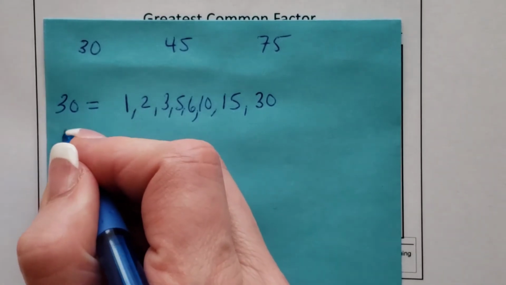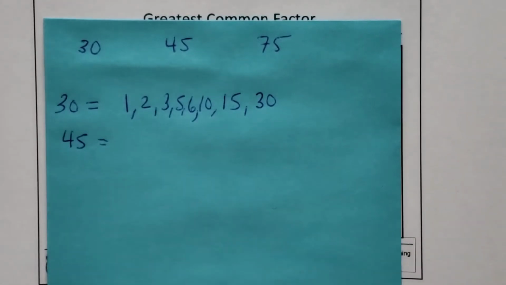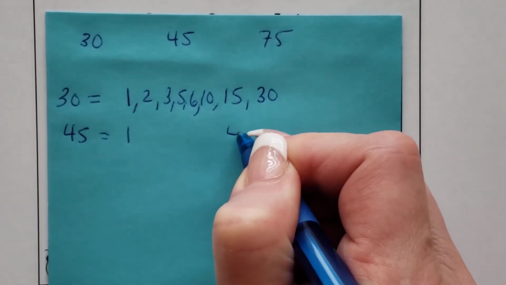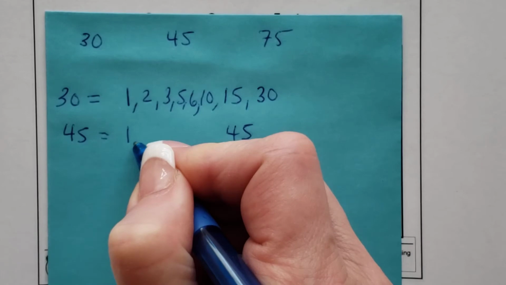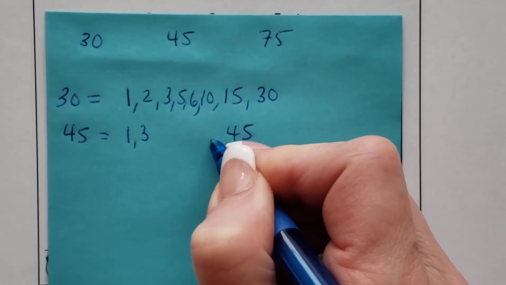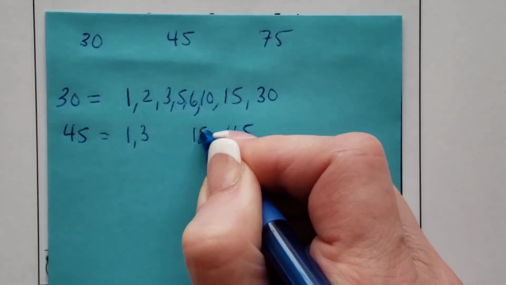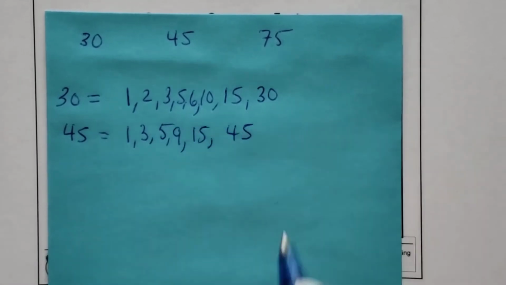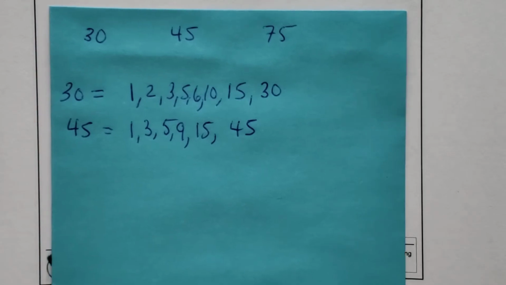All right, let's now do 45. So what two numbers multiply together give me 45? Well, 1 and 45, 3 and 15, and then 5 and 9. And that's all of them.